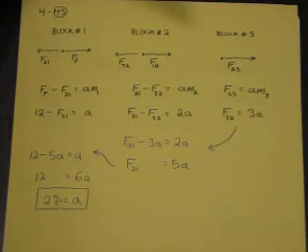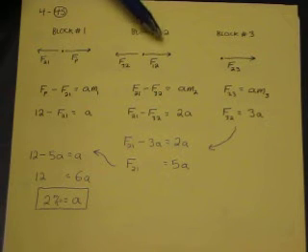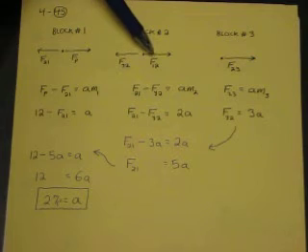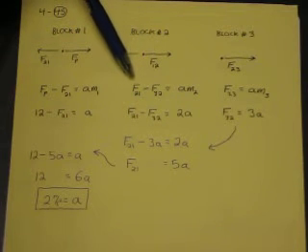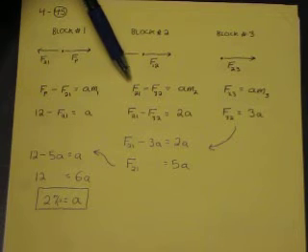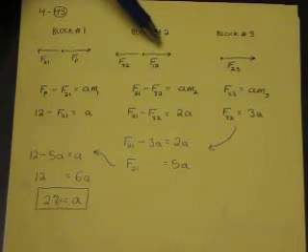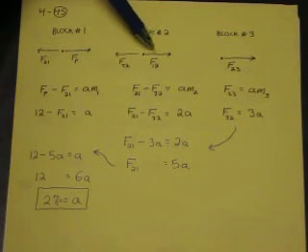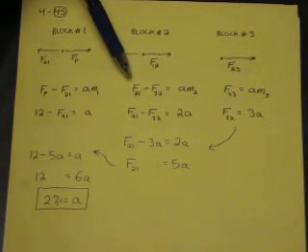Now, one thing I want you to notice, I've done some subscript shifting around because for block 2, I wrote here force of 1 on 2, and then you'll notice in the math, I wrote force of 2 on 1. I shifted 1, 2 to 2, 1. Well, the reason is, by Newton's third law, the force that 1 pushes on 2 is the same as the force that 2 pushes on 1.